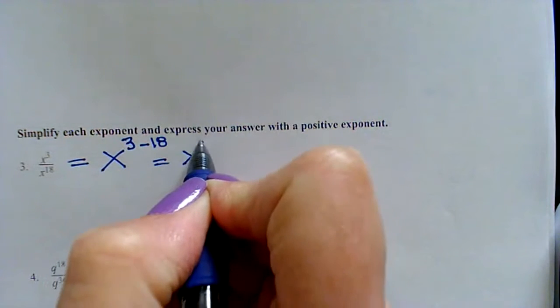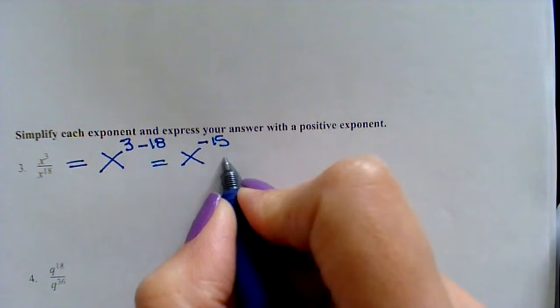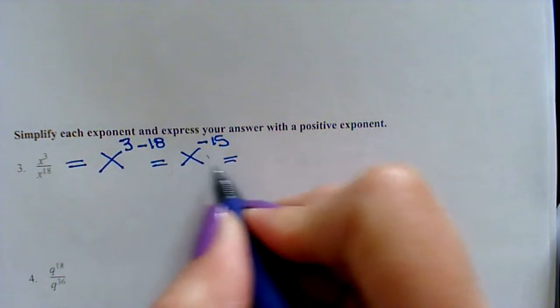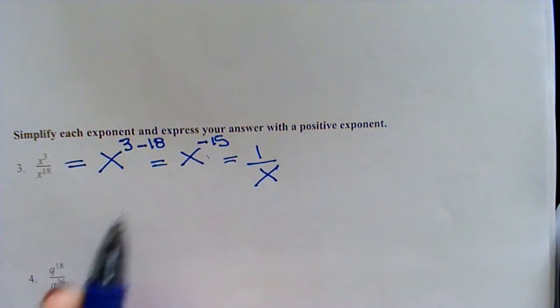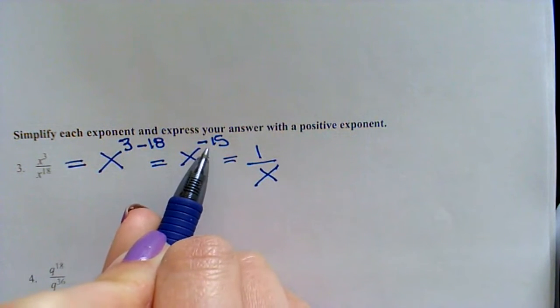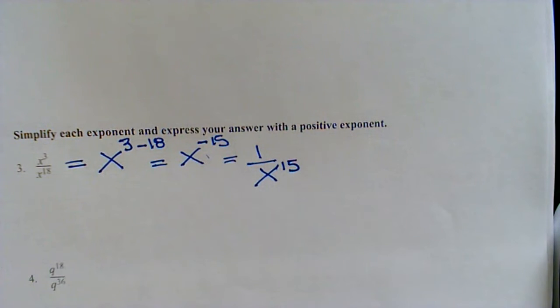That will be negative what? Negative 15. What do we do now? We find the reciprocal of x, which is 1 over x. And this sign is going to go from negative to positive. That's how it is, all right?